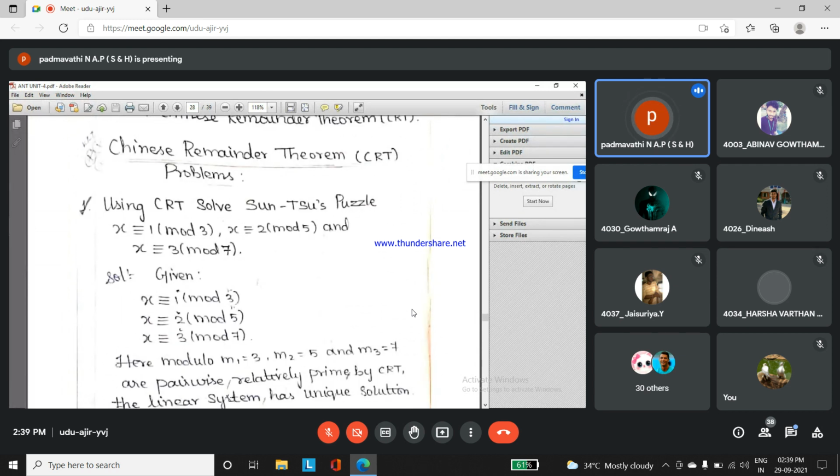Now using CRT, that is the Chinese remainder theorem, solve the Sun-Zi puzzle. X is congruent to 1 mod 3, X is congruent to 2 mod 5, and X is congruent to 3 mod 7. What is the Chinese remainder theorem statement? Just tell me the linear equation.